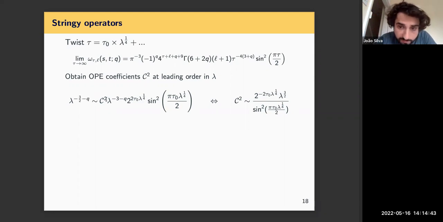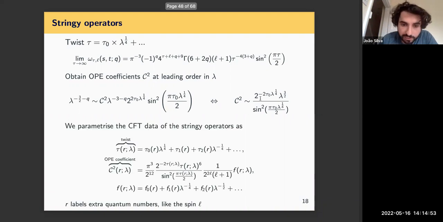So this formula must be true. So you obtain that the OPE coefficients of the string operators start at this order. They behave like this. And so in particular, you derive this formula, that the OPE coefficients must be equal to this formula that you see here, where f starts at order lambda to the 0 plus some leading corrections. For the twists you have this. Okay, is it clear, the logic?